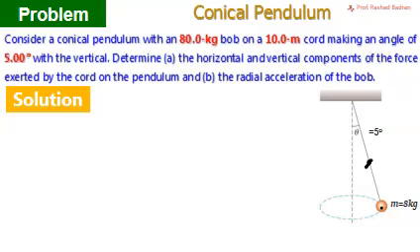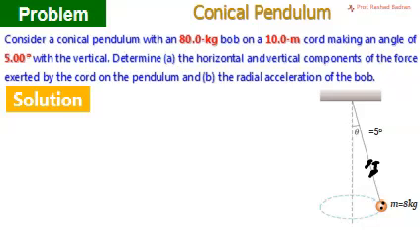Now you have to determine the horizontal and vertical components of the tension, as the tension in the rope will be resolved into two components, one perpendicular to the circle of the revolving ball, and one horizontal, towards the center, along the radius of the circle.